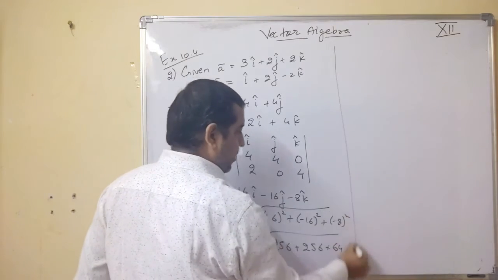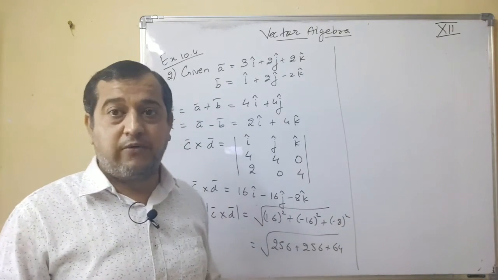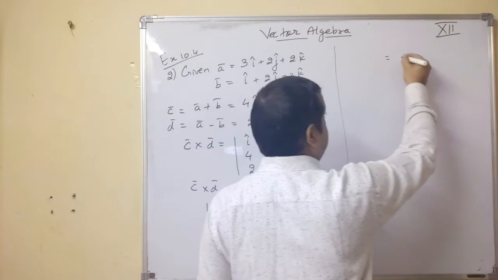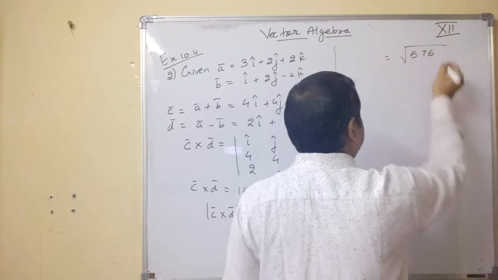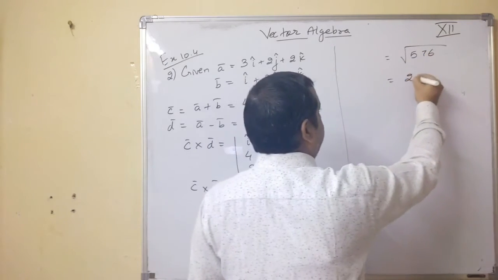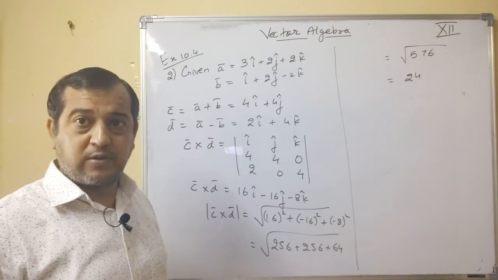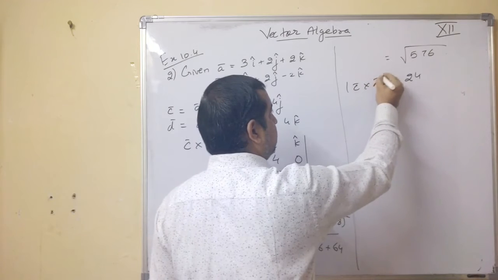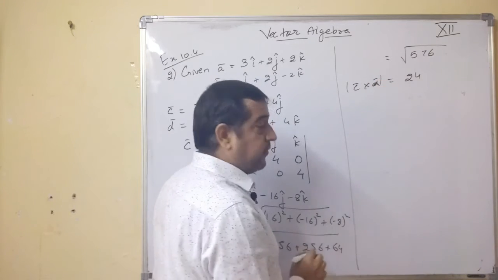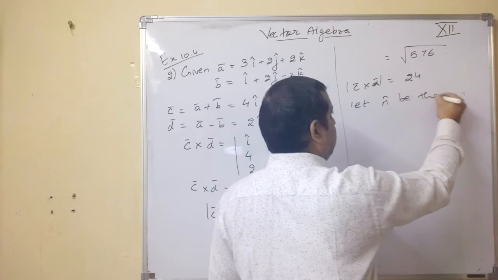Adding this, 256 and 256 is 512, plus 64 gives you 576. Now 576 is the square of 24. We know this. So the mod of C cross D is 24.